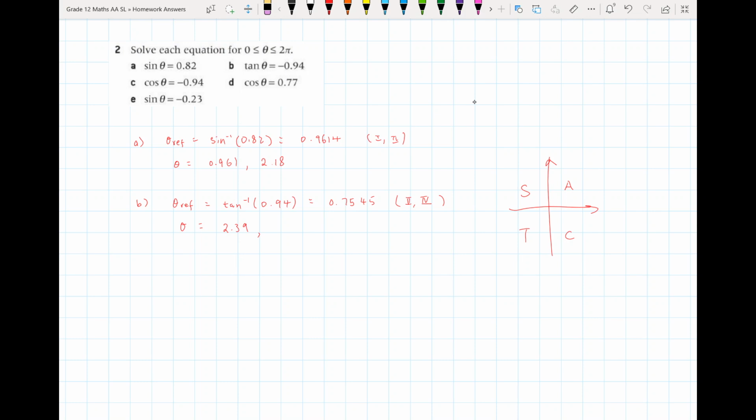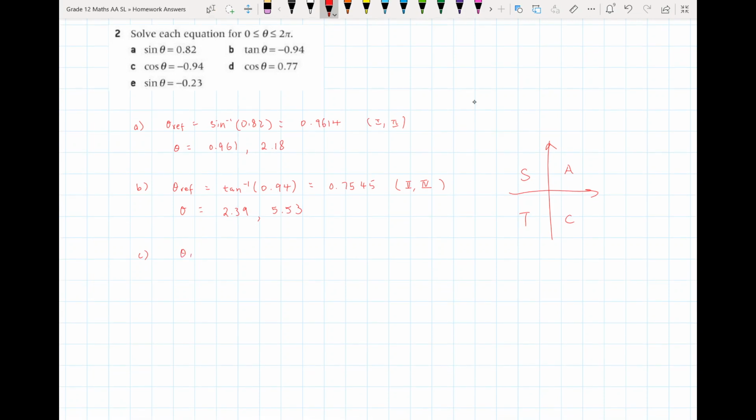So 2 pi minus that should be this instead. For C, we have this to be the reference angle.